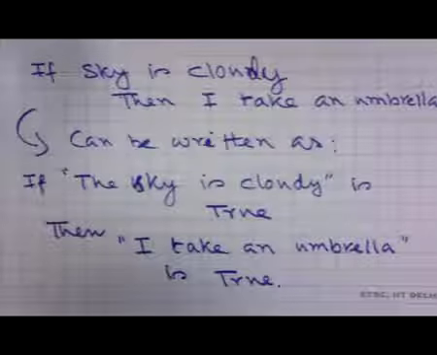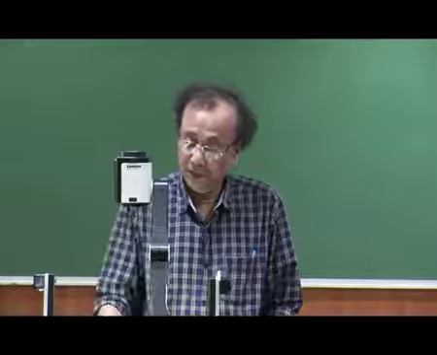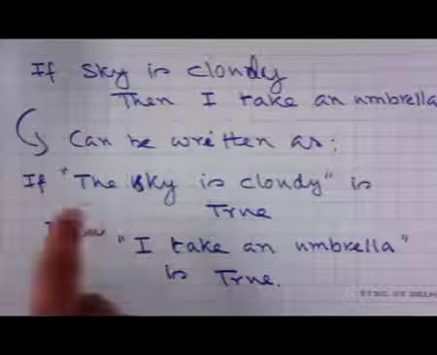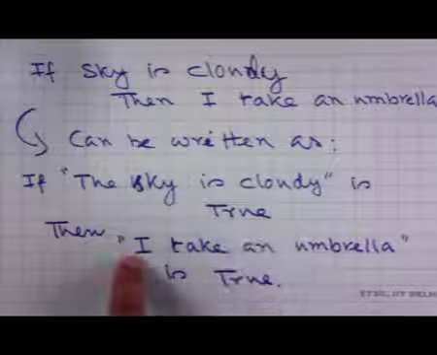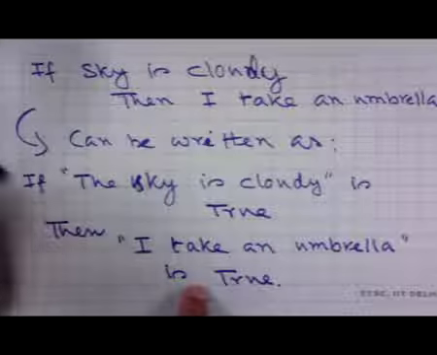What does it mean? It means that if the sky is cloudy, then I take an umbrella. So, I am writing it in a different way. If the sky is cloudy is true, then I take an umbrella. This sentence is also true.